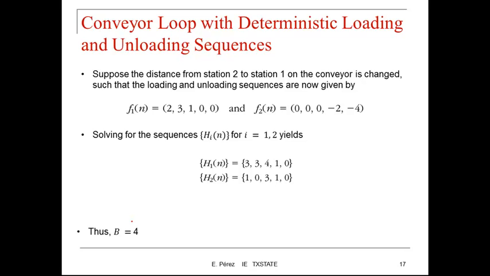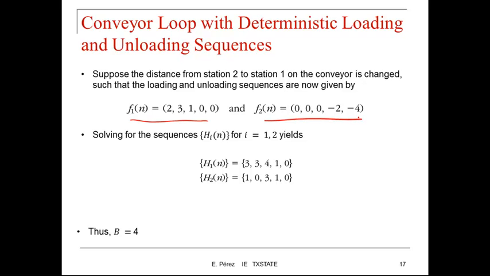Now suppose that the distance from station 2 to station 1 on the conveyor is changed, such that the loading and unloading sequences are now given by these two sets.